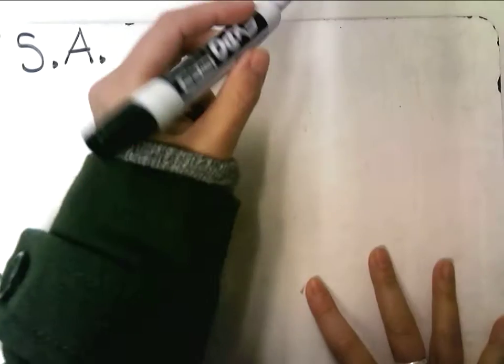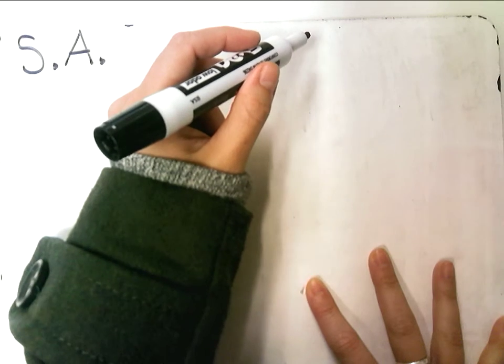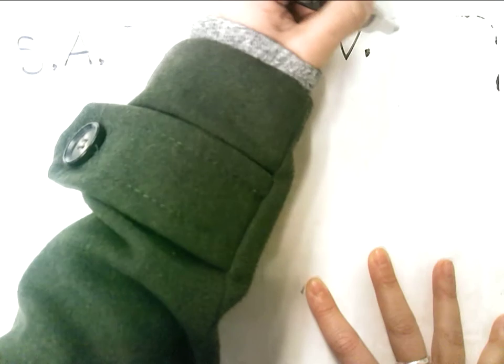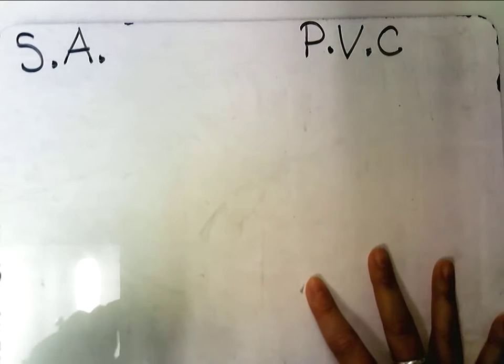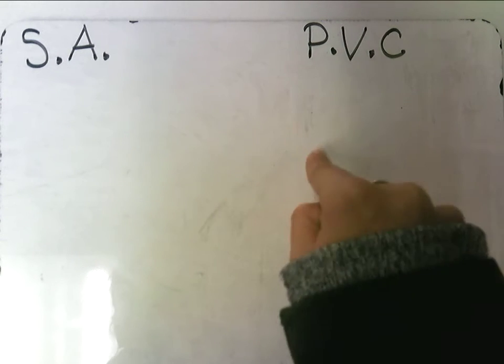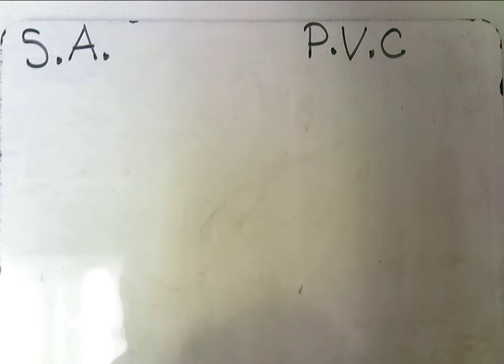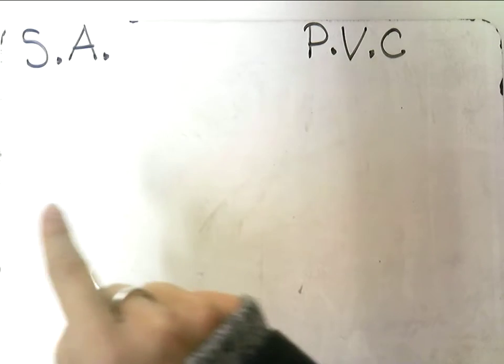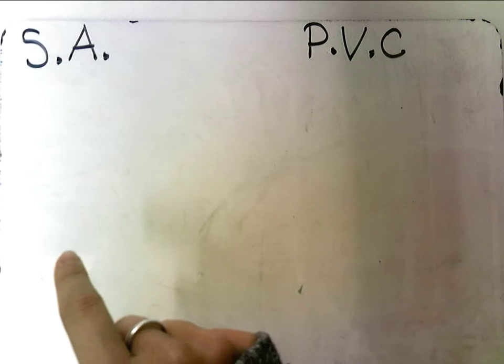And then on this side, we're going to use a place value chart to help us solve. So I'm going to put P, V, C. I'm feeling a little lazy today, so I'm just abbreviating. PVC stands for place value chart. And again, SA stands for standard algorithm, and that really just means the vertical way.